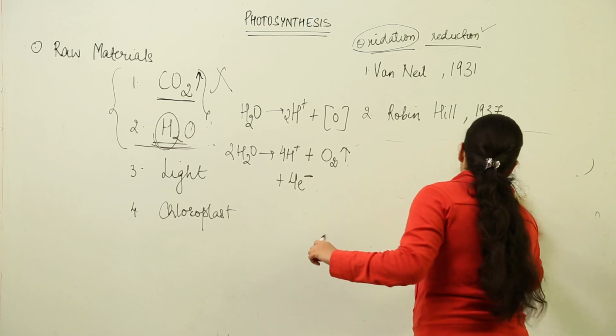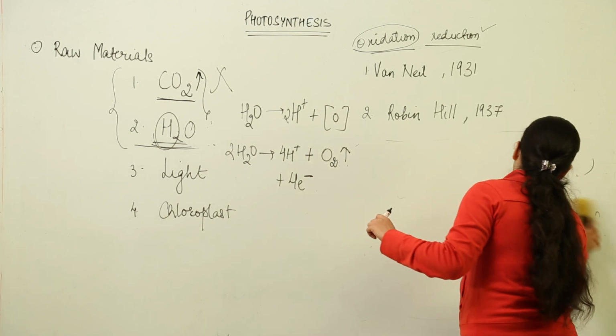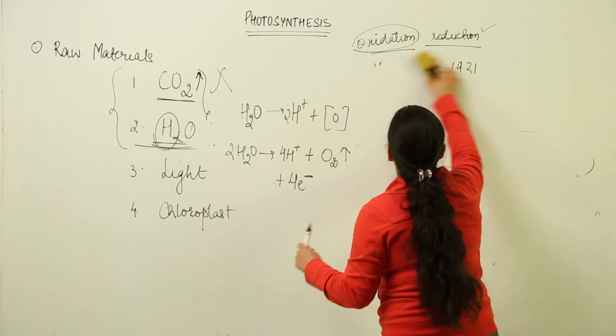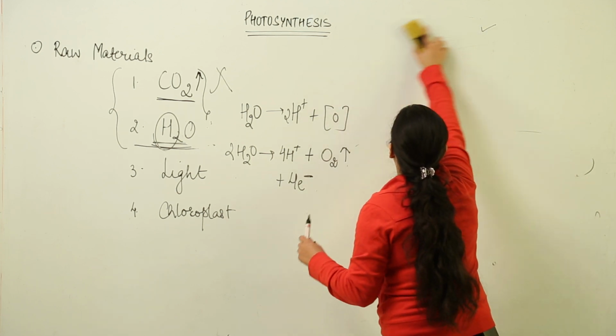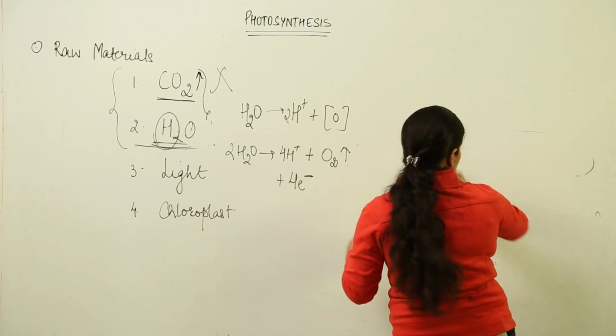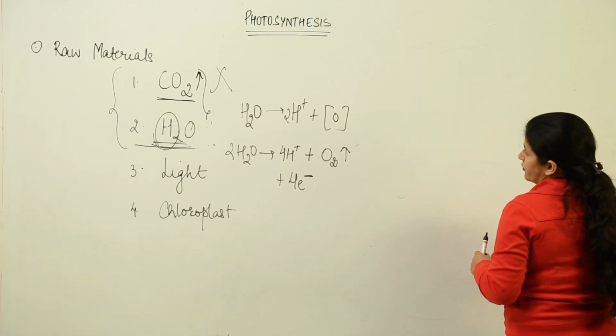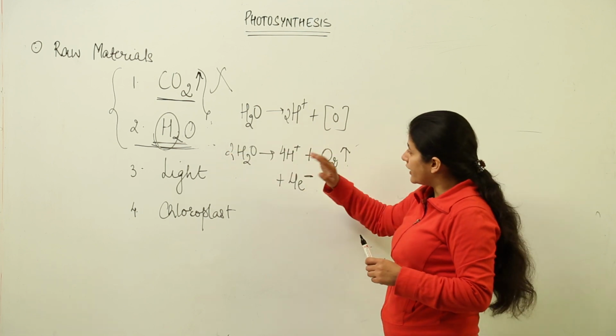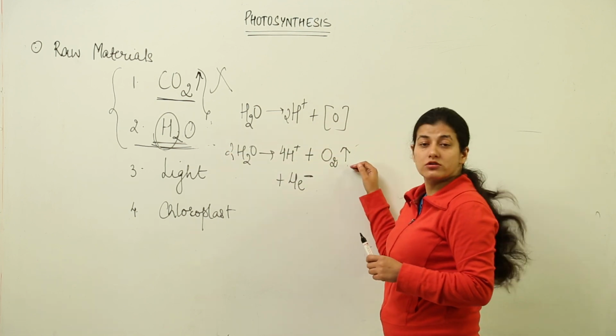who had experimental demonstrations to show that it is ultimately water which acts as the source of oxygen as well as the source of protons, which come by splitting of the water molecule. The hydrogen ions are generated, and molecular oxygen is being liberated.